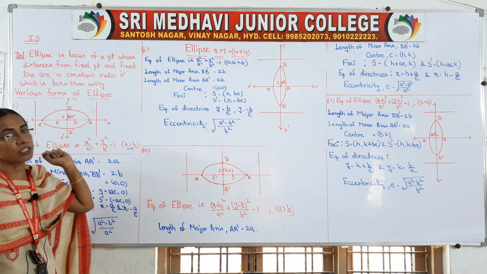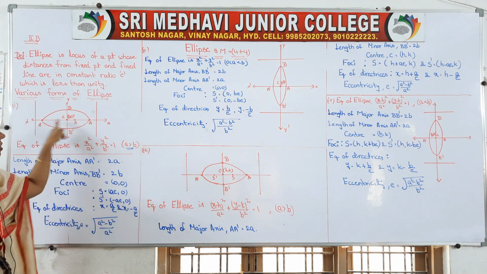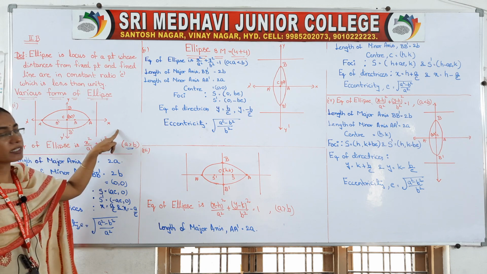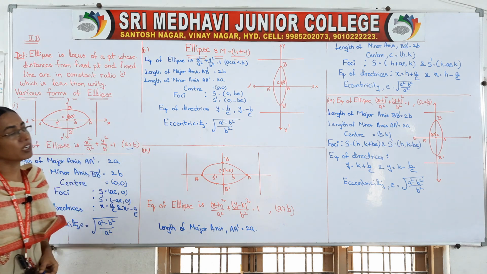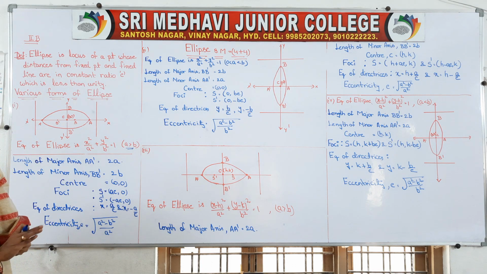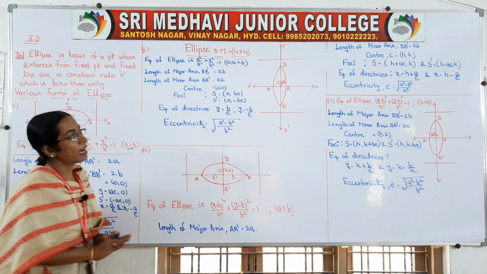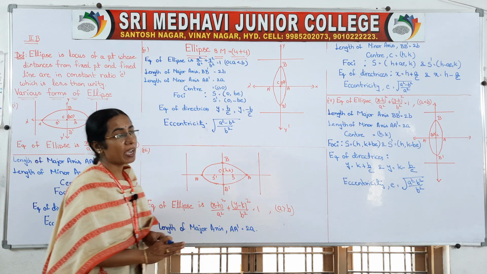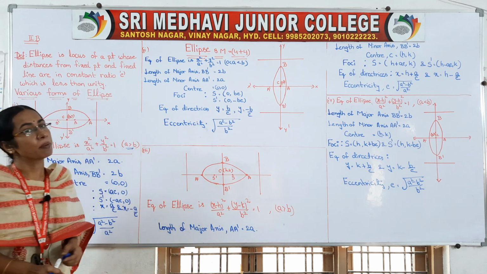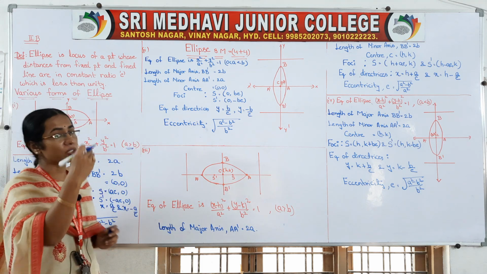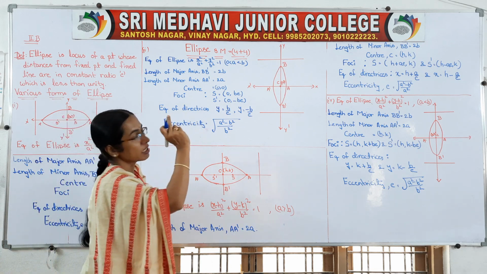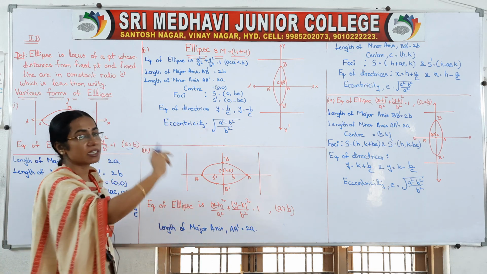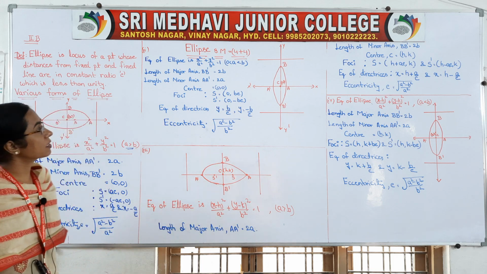Now come to case 2. Here in case 1, the major axis is the x-axis and the minor axis is the y-axis. Now observe the second case. See the diagram. Your major axis is now along the y-axis; b dash is the major axis. The axis whose length is more is called the major axis, so b dash is the major axis and a dash is the minor axis.